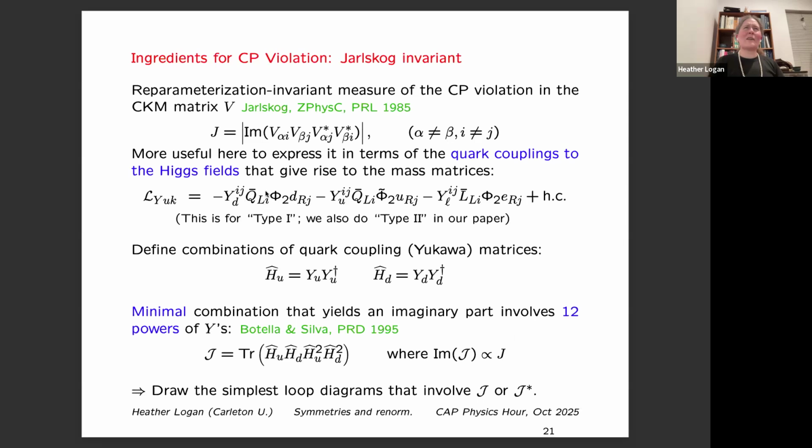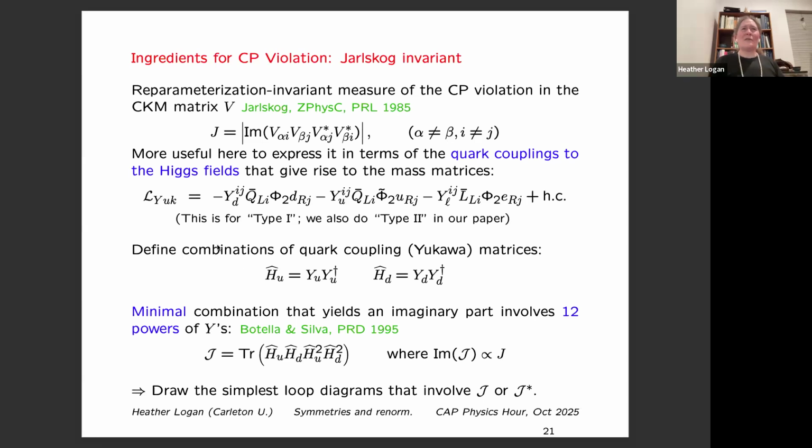Here's the left-handed quark, right-handed down quark, Higgs doublet, and a matrix of couplings for the 3 generations that couple the left-handed parts to the right-handed parts. Same thing for up-type quarks, same thing for leptons. I'm going to ignore the leptons because they're not involved in the CKM matrix, okay?